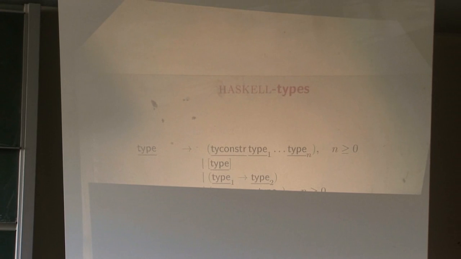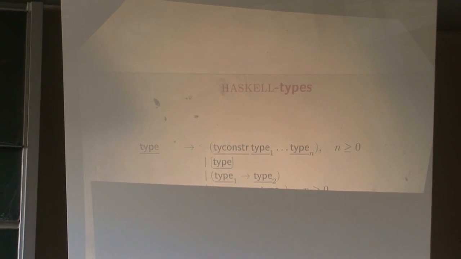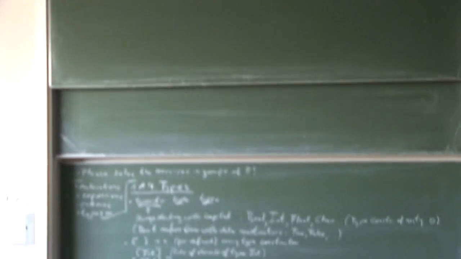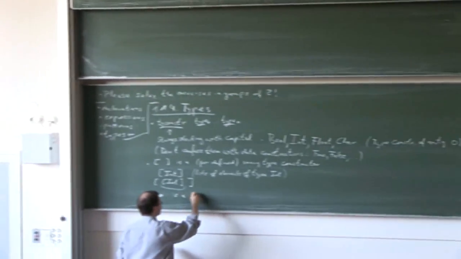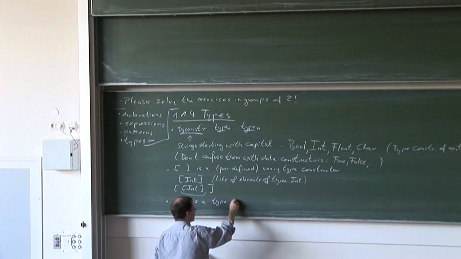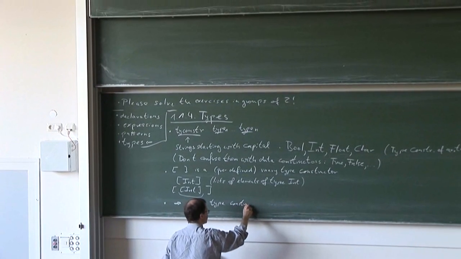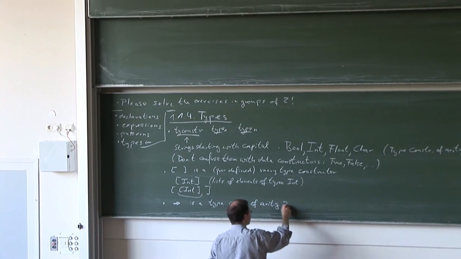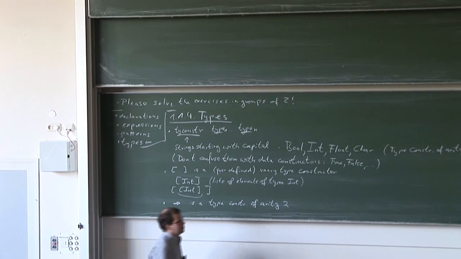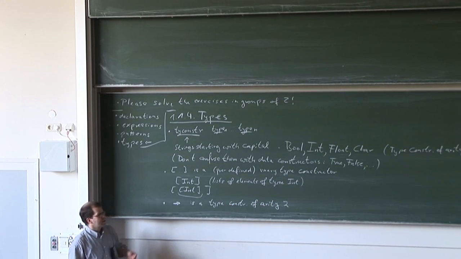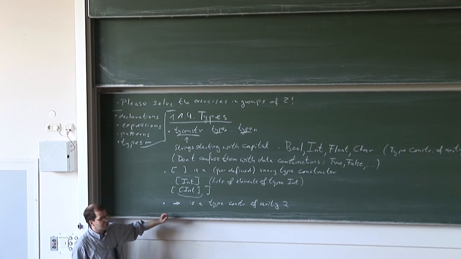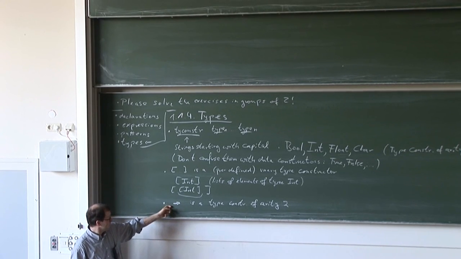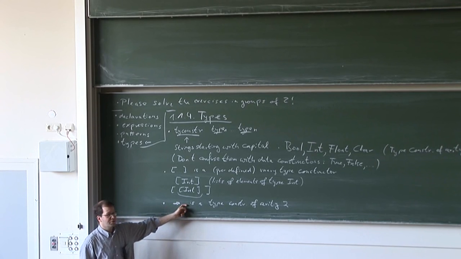So if type 1 and type 2 are types, then you get a new type by writing an arrow between them. So arrow is another predefined type constructor of arity 2. And the meaning is this is the type of functions which go from this type, type 1, to this type, type 2.